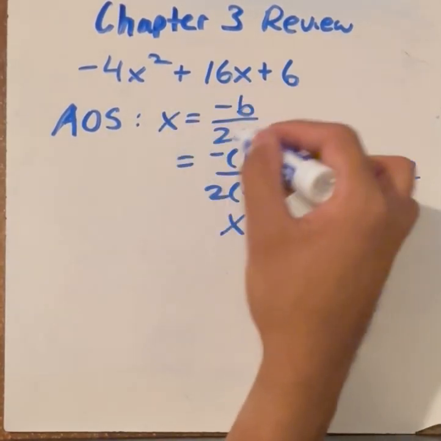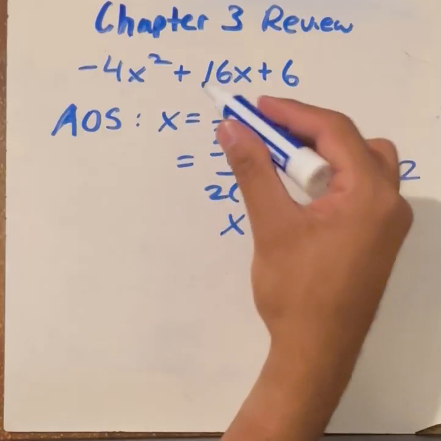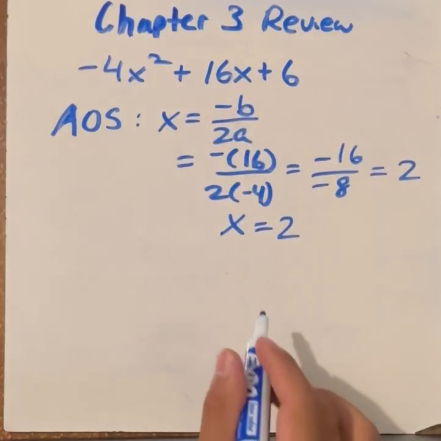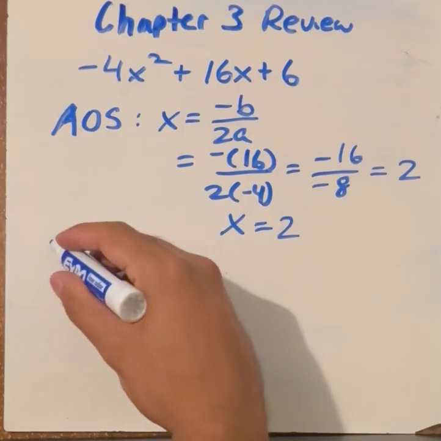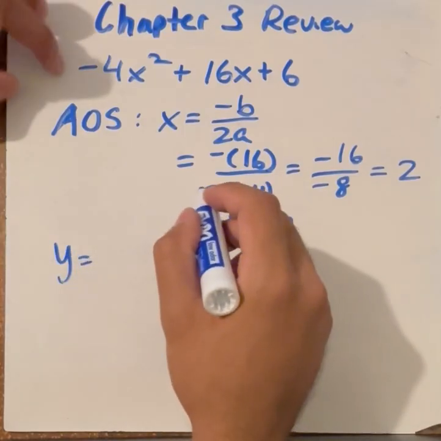Okay, so remember this formula that says x equals -b over 2a. Once you have found that, we're going to find the vertex. The vertex means we need to solve for y, and y is equal to this right here.